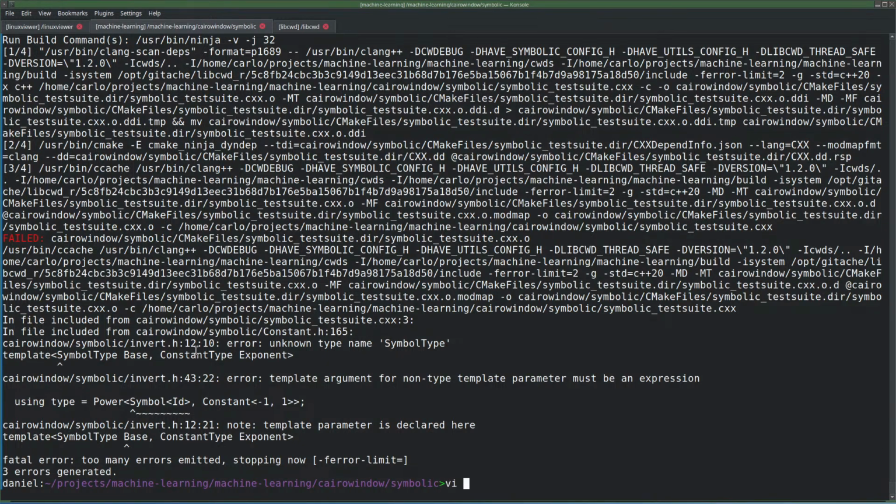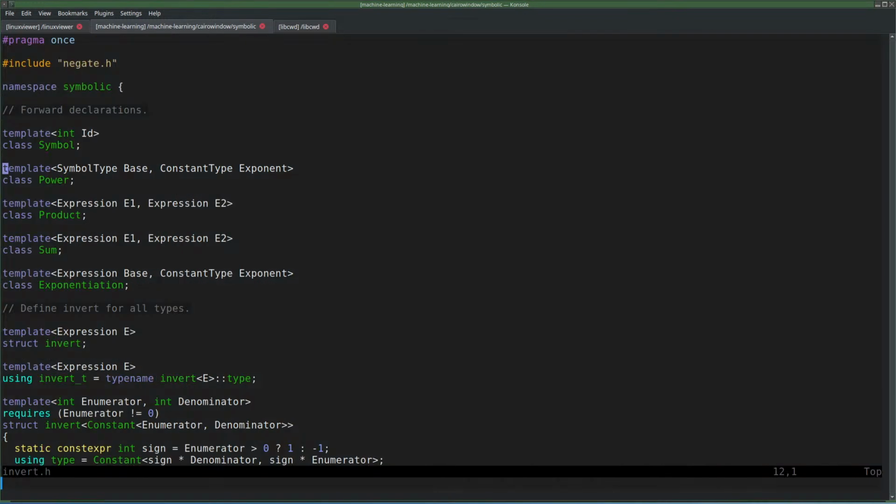No, symbol type is not known. Yeah. So that means that what? I can't forward declare power?